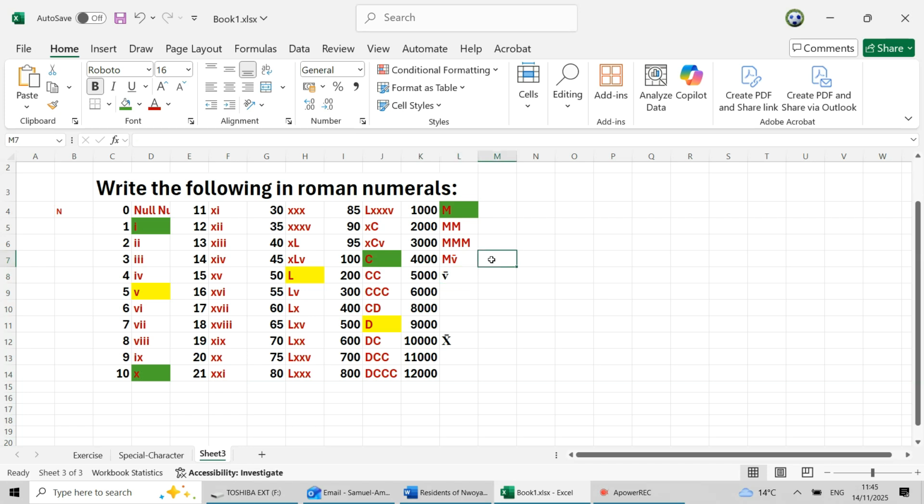But at the same time, you can write it as IV. Remember, capital I and capital V is also a symbol for 4,000. Or you write IV bar. They're all the same.